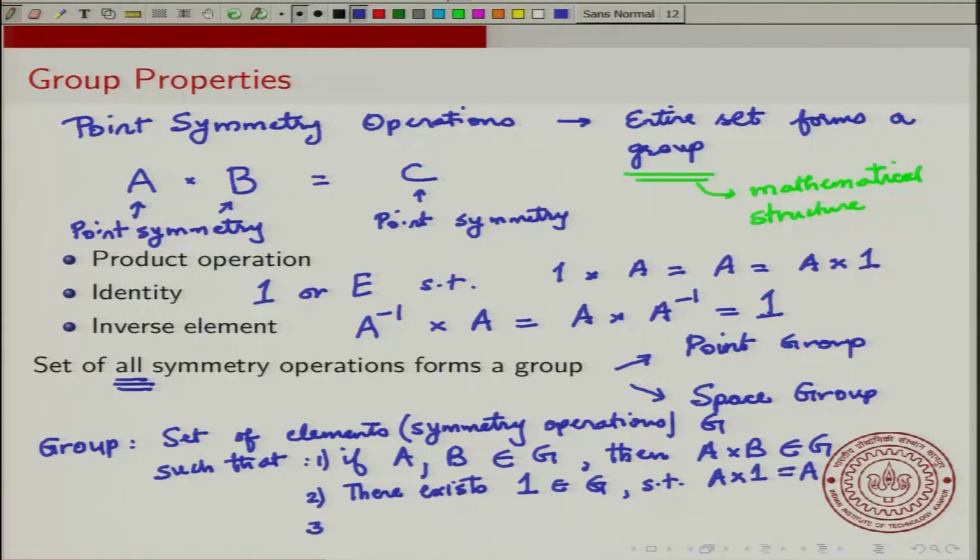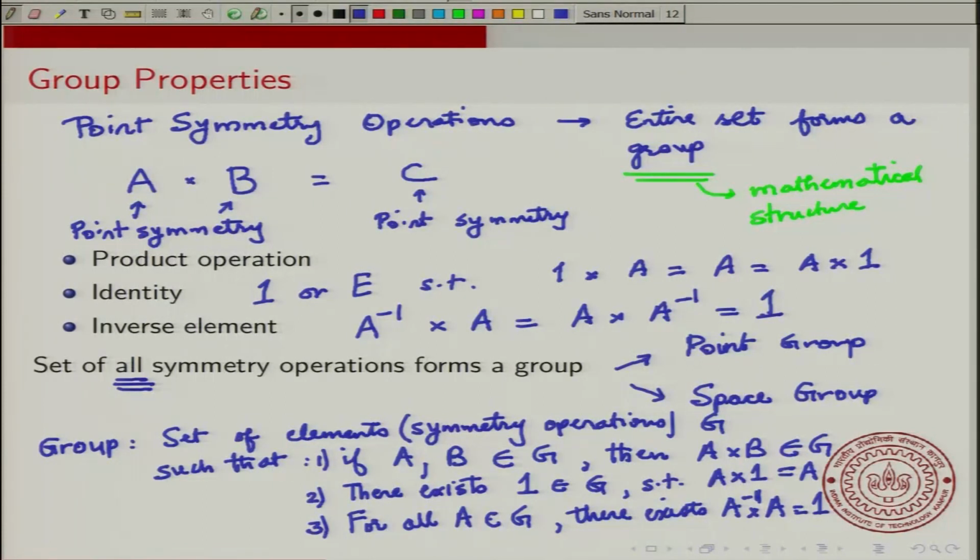And the third one is that for all A that is contained in G, for any element of G, any operation, you can have an inverse operation. There exists A inverse, which is also a part of G, such that A inverse A is equal to identity, and A A inverse is also equal to identity.